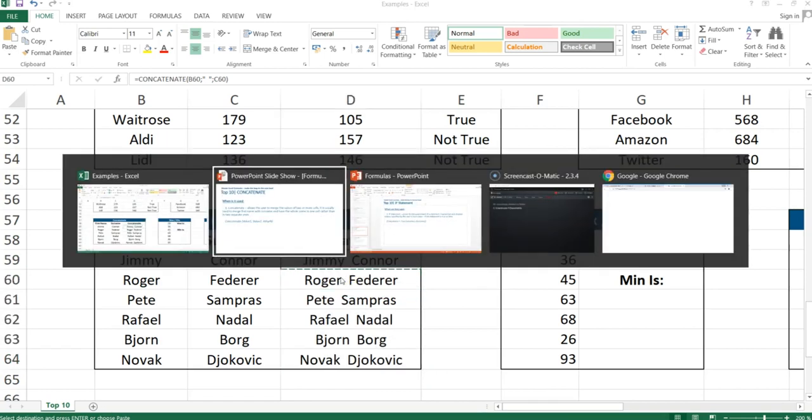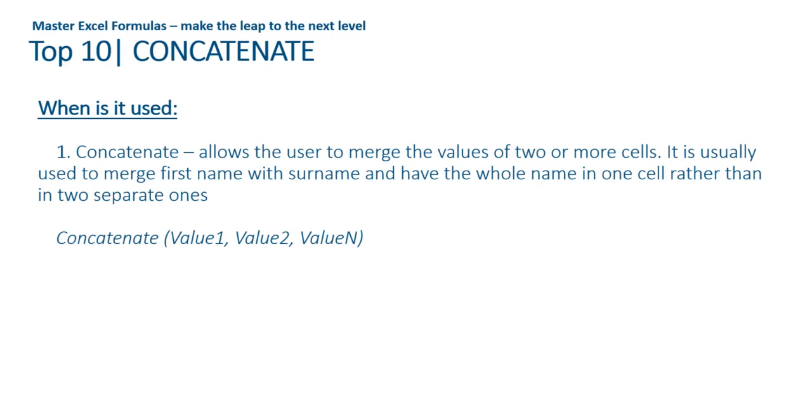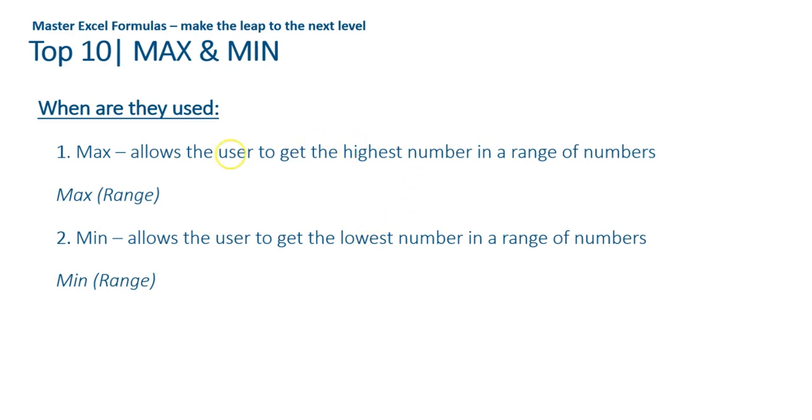Now going back to the slide again, the next set of formulas is MAX and MIN. It's easy to guess what these formulas actually do. The MAX formula allows the maximum value for a specific range to be shown as the outcome, whereas the MIN does the same but for the minimum value. And again, the structure of both formulas is very similar.